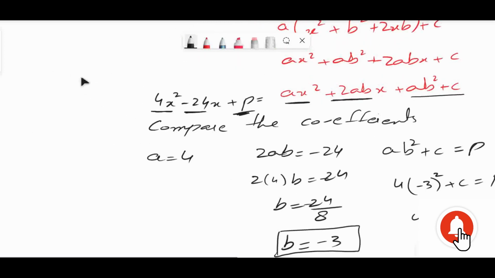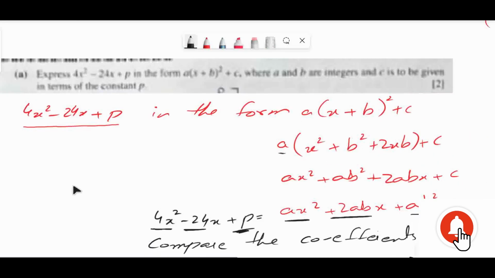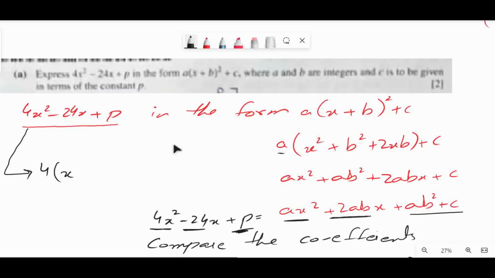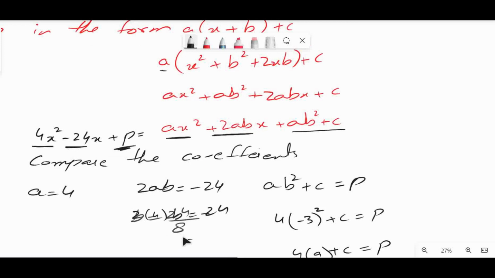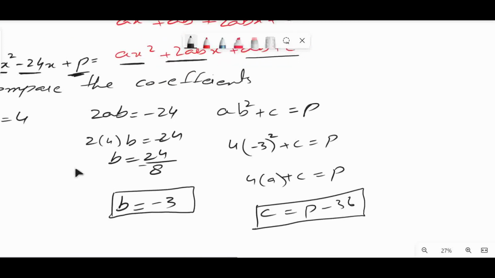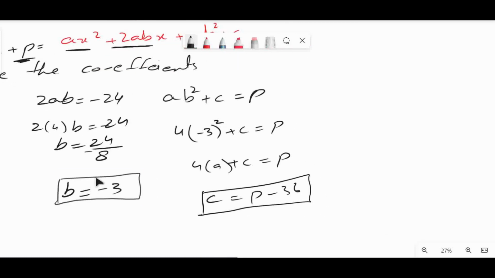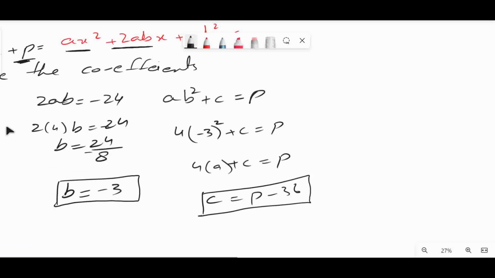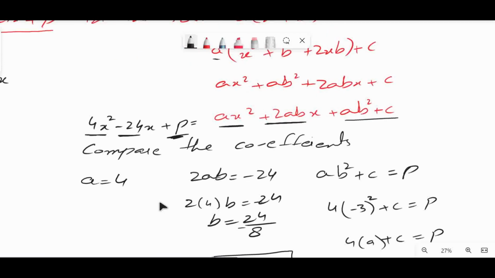So a is 4, b is negative 3. So now we can say that this can be expressed as a is 4 and x plus b. So here what was the value of b? So b is equal to negative 3 and c is equal to p minus 36.